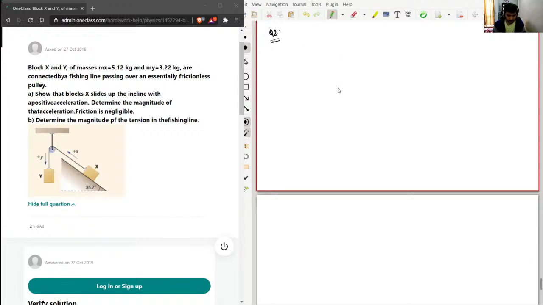and I'll just try to draw this first. This is going to be 37 degrees. Here we have a pulley. Here we have one box, and this pulley is attached here.